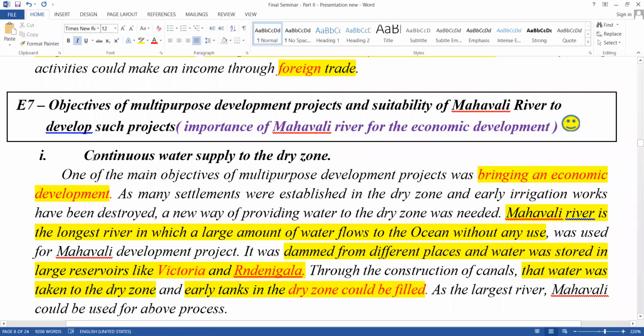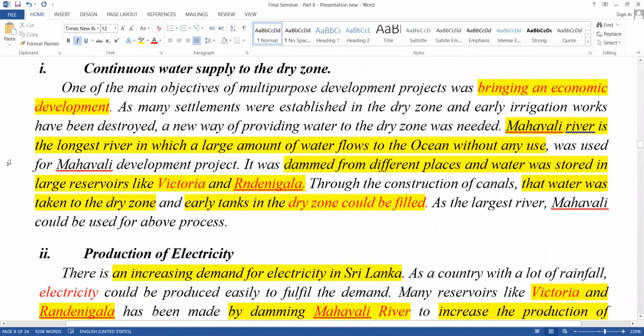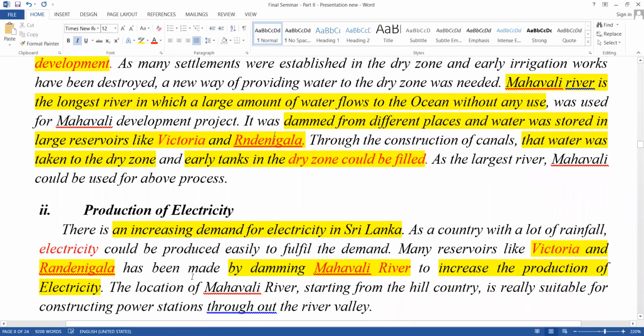Right, producing electricity is the second heading. An increased demand for electricity in Sri Lanka, a solution for that. By damming the Mahaweli River, they could make reservoirs like Victoria and Randenigala and produce hydroelectricity.